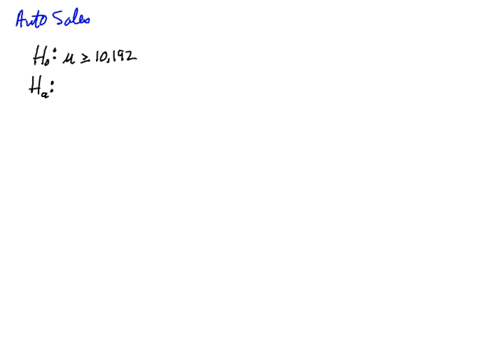So we really have some evidence that it may not be at least 10,192. And we're going to see if that's strong enough evidence to reject the null hypothesis and show that the average is less than 10,192. Okay, the first step of a hypothesis test is to set up the null and alternative hypothesis.